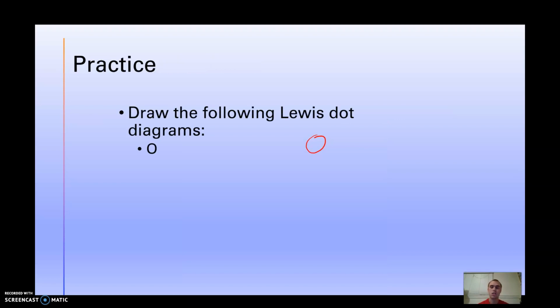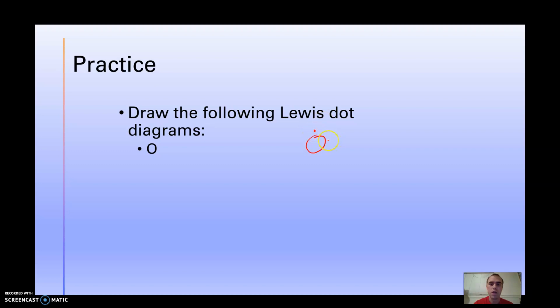So for oxygen, if we look back at our periodic table and count 1, 2, 3, 4, 5, 6, 7, 8, oxygen has 6. So we need to represent 6 electrons on this Lewis dot structure, and we just do that with little dots.